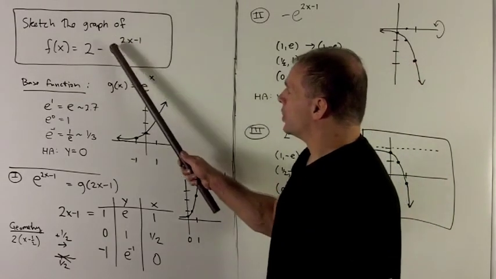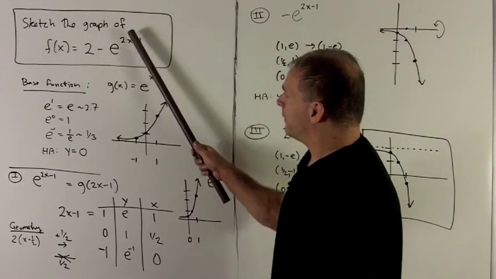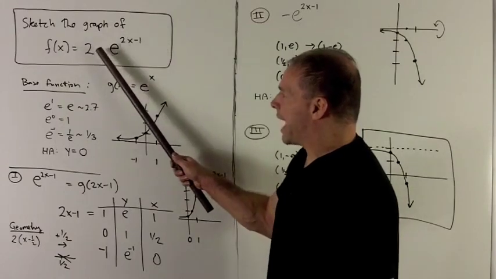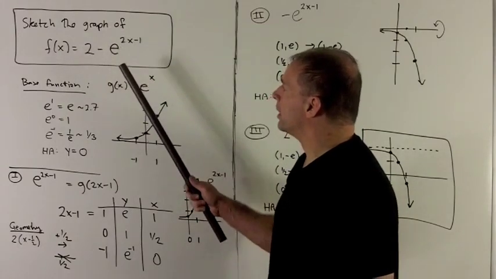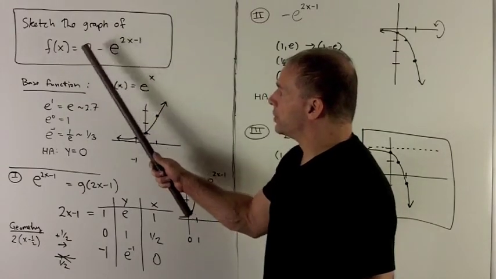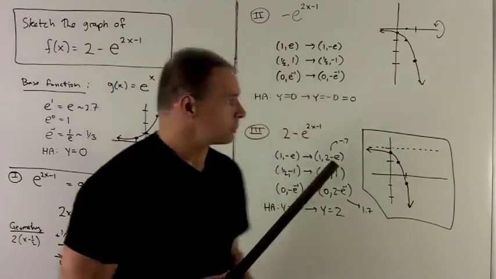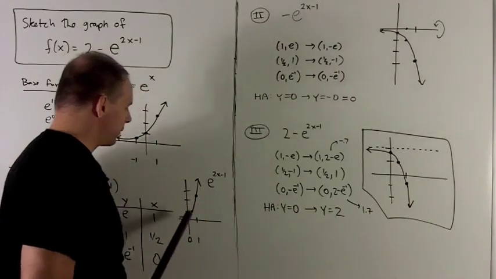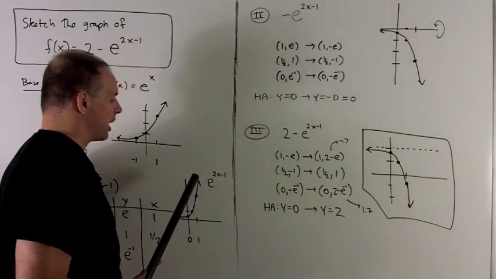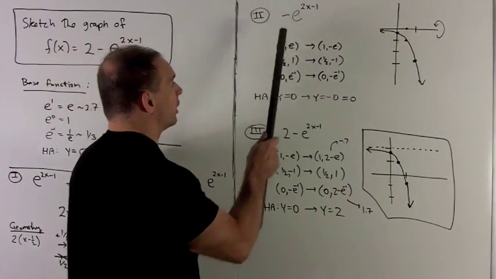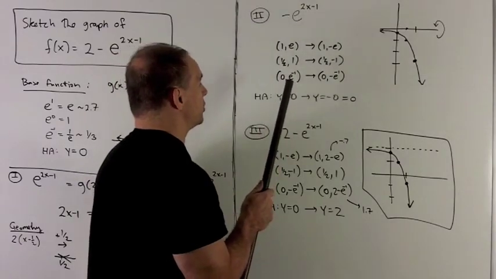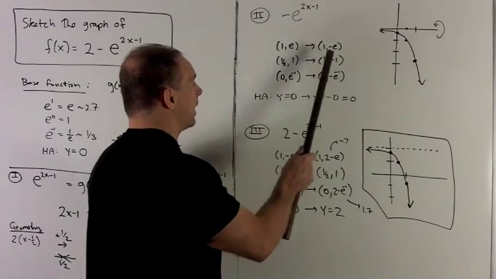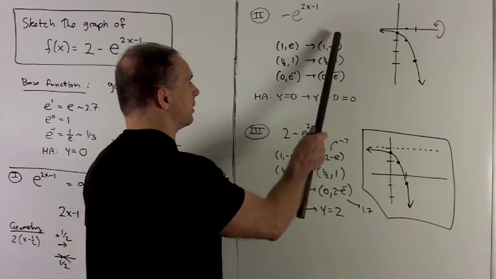Notice, once we've figured out what this is, everything else is happening to y values. So we're going to do this in 2 steps. Now my new 3 points are going to be these. These are the 3 we got from the e to the 2x minus 1. So now I'm just going to multiply by minus 1, so that's just changing the y values. So we multiply each of those by a minus sign in this column.